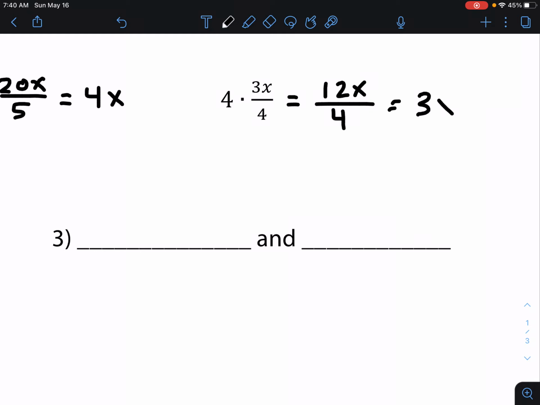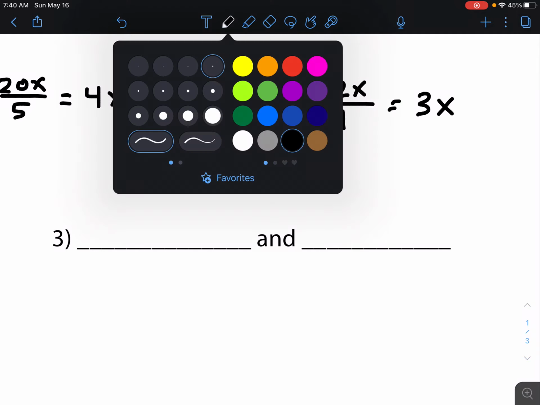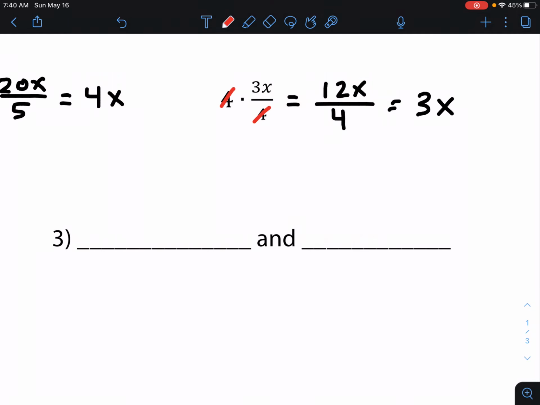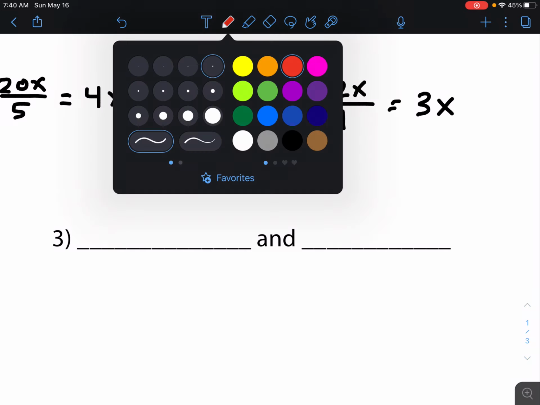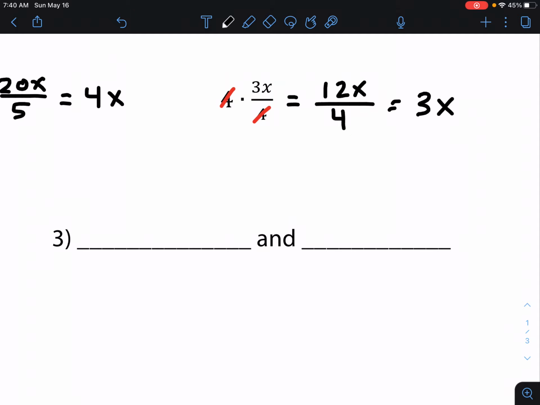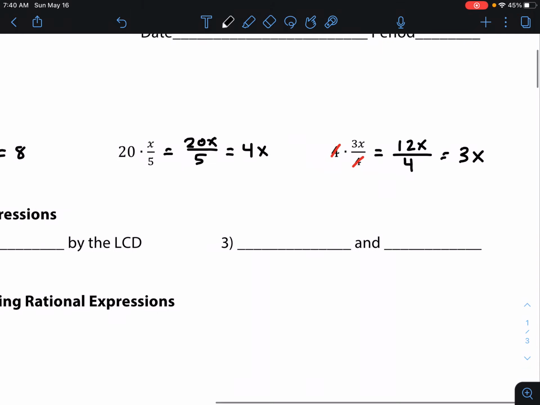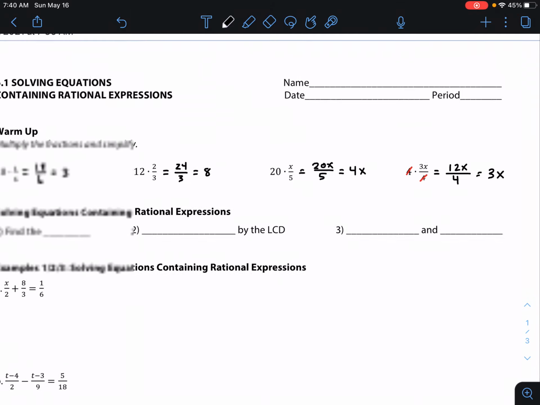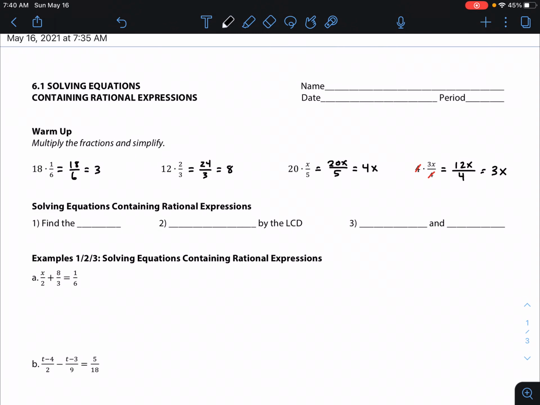So we have 3x. And so you can see that in this case, it may have been easier just to right away say, hey, those 4s are going to cancel each other out. So we end up with 3x. Okay, so that's one thing to think about, is we're going to see things canceling like that. And that's something that we want because it's going to help us solve these equations.